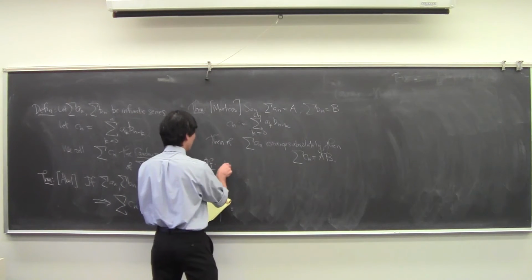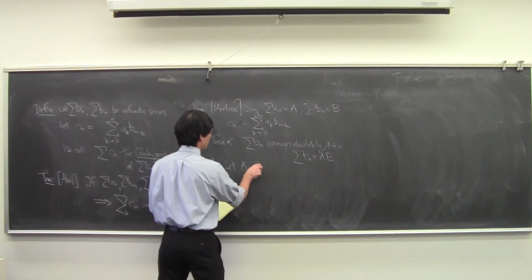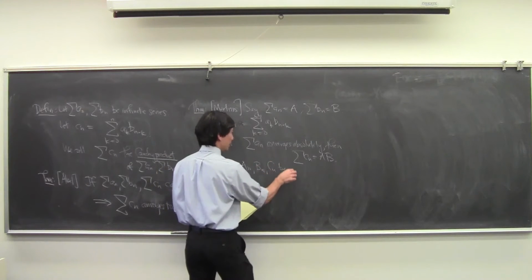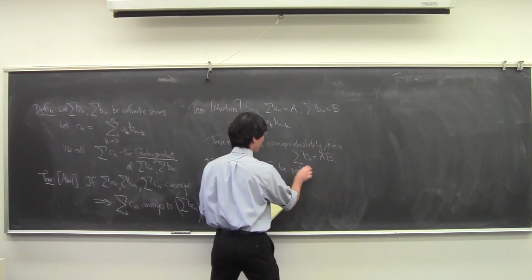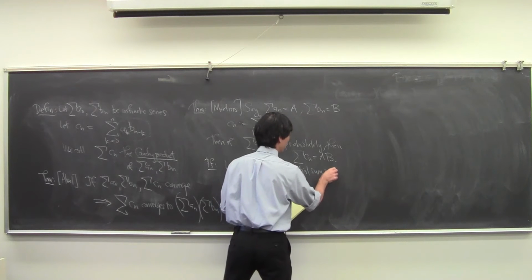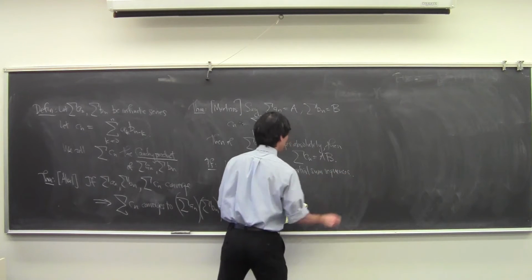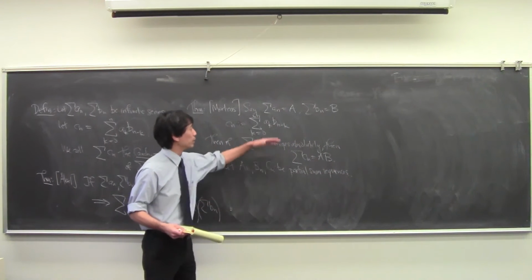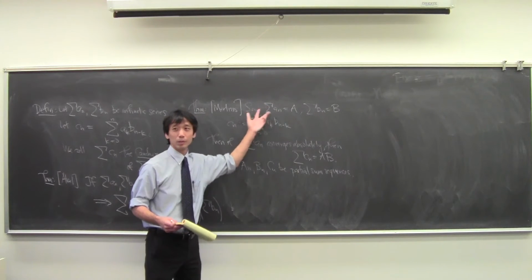Great. So let A sub n, B sub n, and C sub n be the partial sum sequences of the corresponding series.